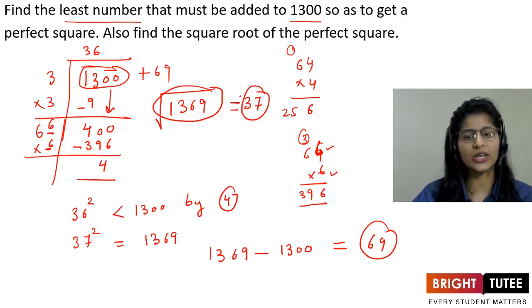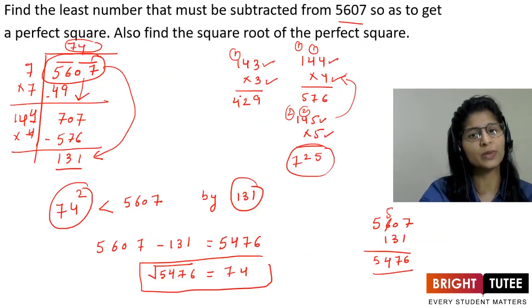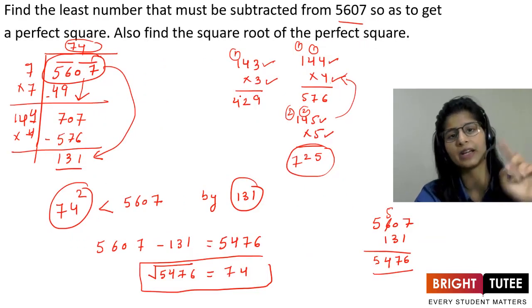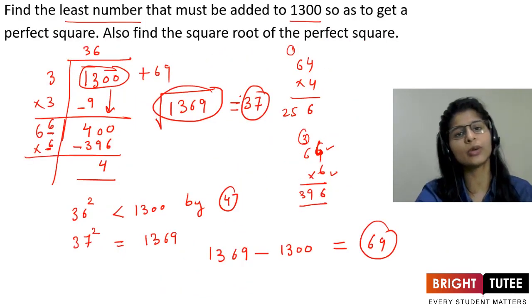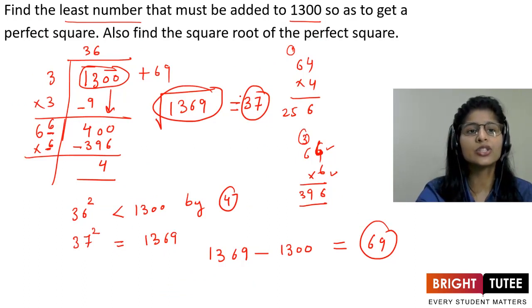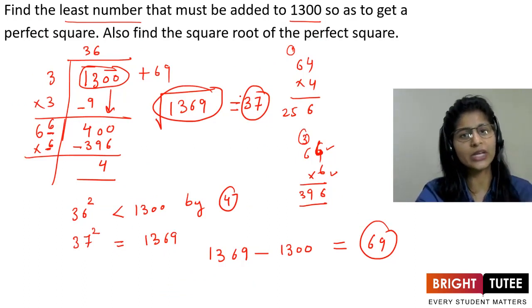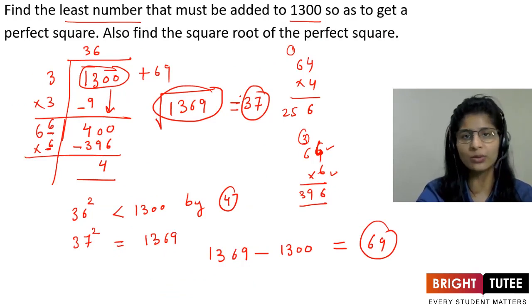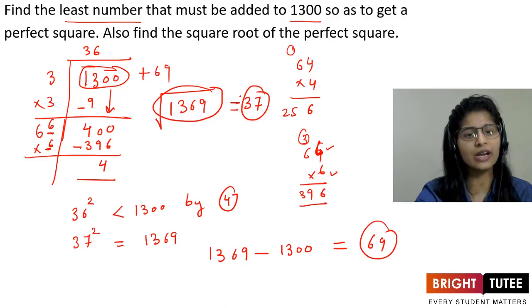So whenever there is a question where we have to tell what should be subtracted, we subtract the remainder from that number. That's it. Whenever there is a question what should be added to the number so that it becomes a perfect square, you are going to take your quotient after doing the square root method of division. Now you know that 1300 is 4 less than the square of 36, but we can't go with subtraction.